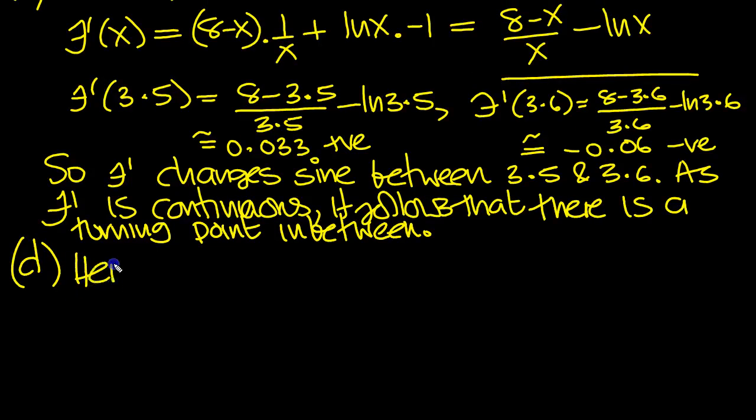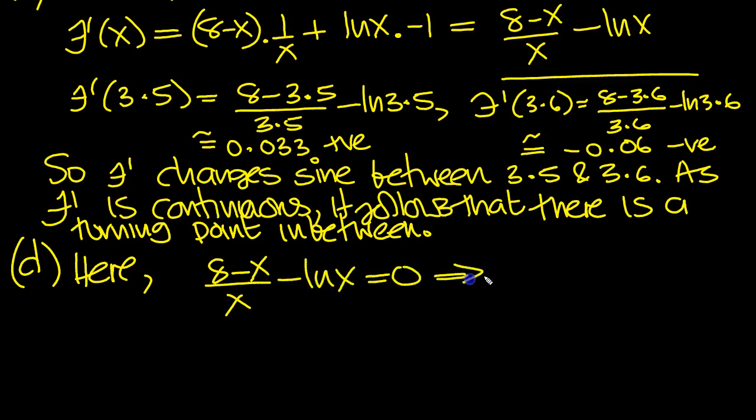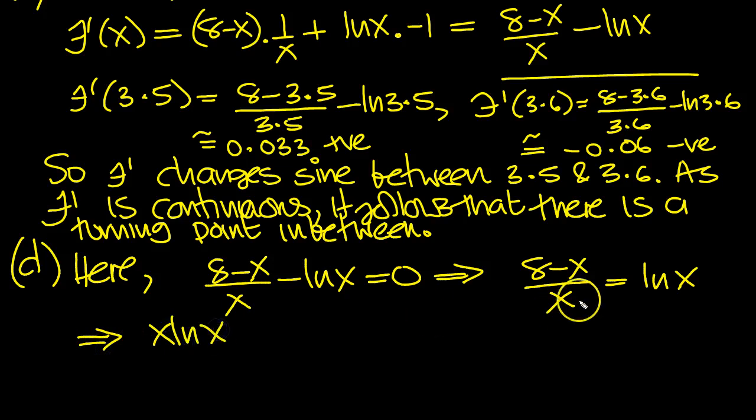So here, the turning point happens when f dashed is equal to 0. That tells us that (8 minus x) over x is equal to ln x. Move the x up. That tells us that, reading from right to left, x log x is equal to the 8 minus x.